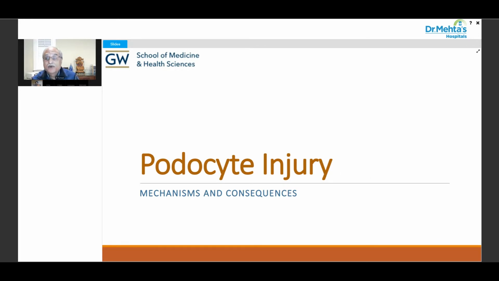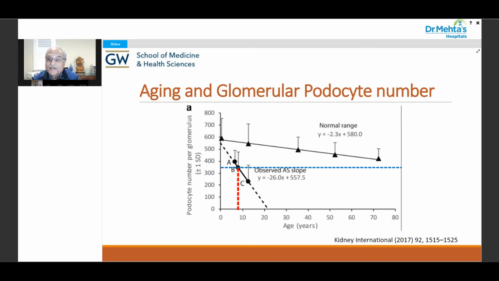What is podocyte injury, and what happens to all of us when we are born, and by the time we die, what happens to those podocytes? This is biopsy data from normal individuals over time. And as you can see, the intersection of X and Y is at 580.